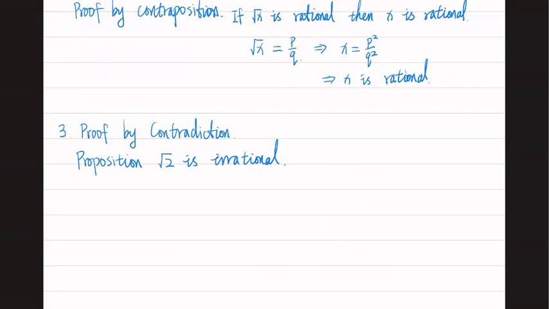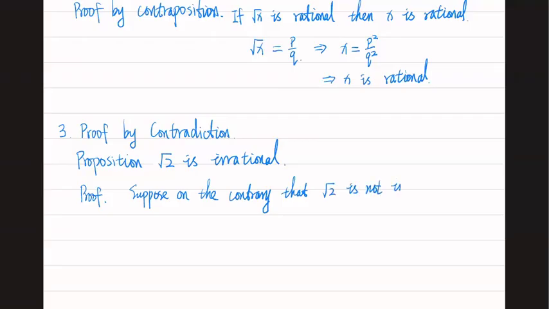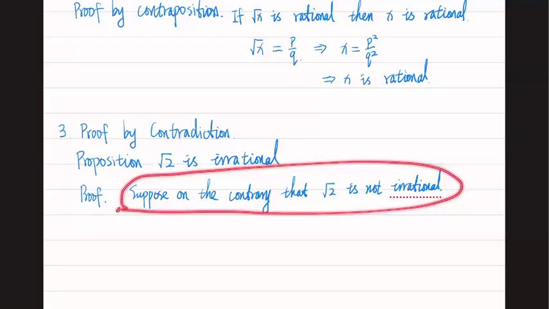Okay, so when we say proof by contradiction, we say we suppose the contrary. This is not a contraposition, because this is just the opposite of the statement.